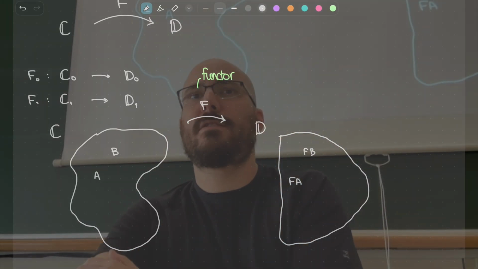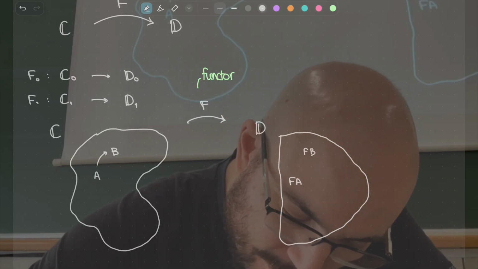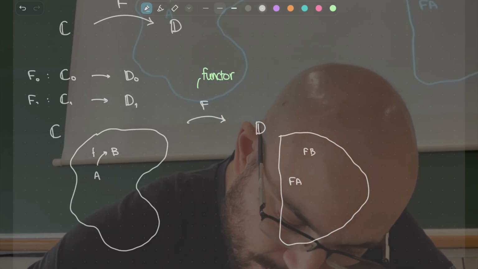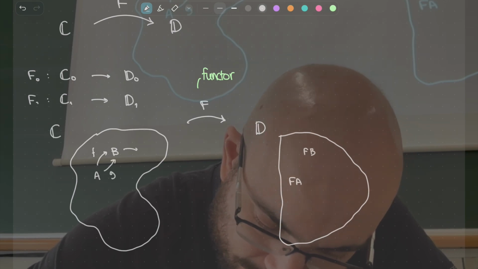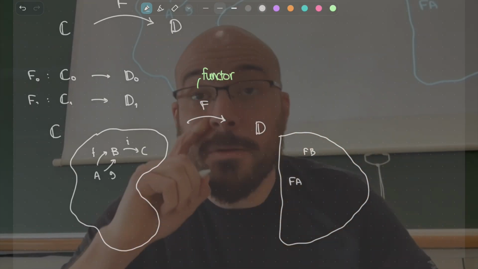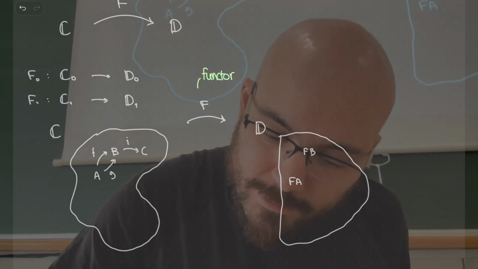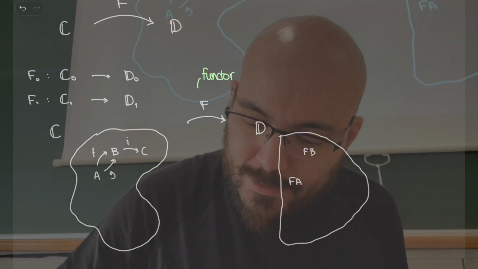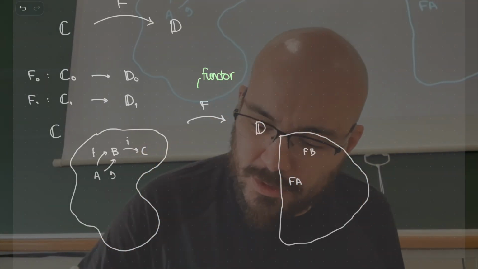Does that make sense? Between A and B, I may have arrows, like an f and maybe another one, g, and maybe another arrow that goes to C. The whole diagram that I have here should get translated into a similar kind of diagram.